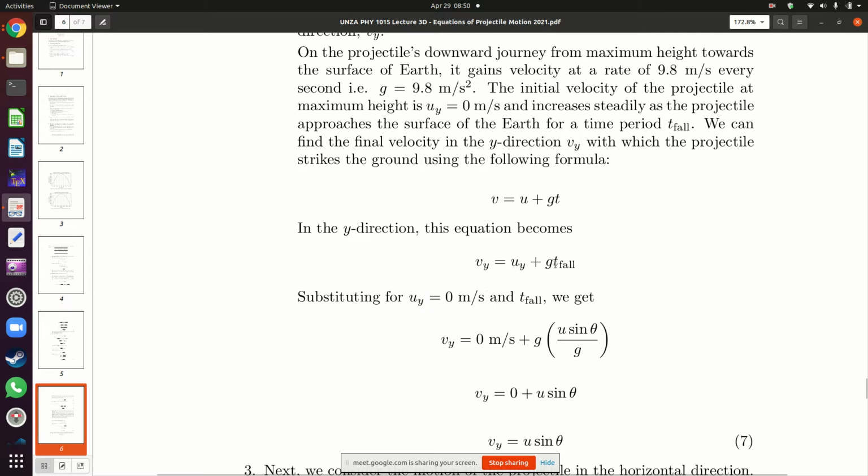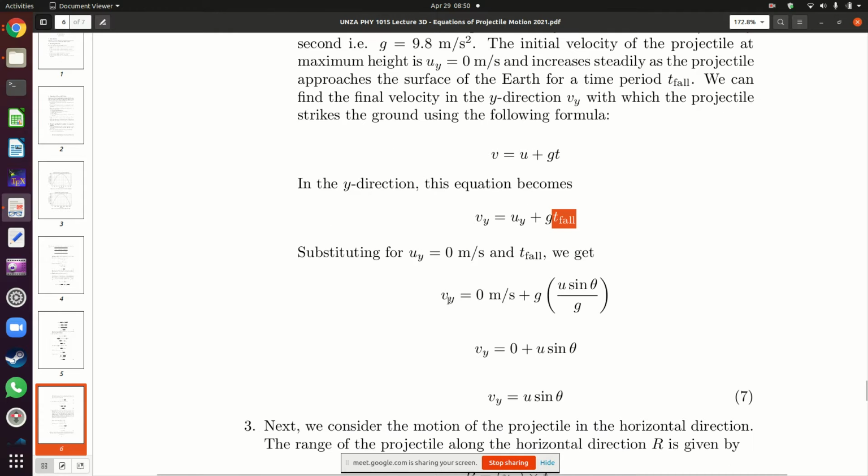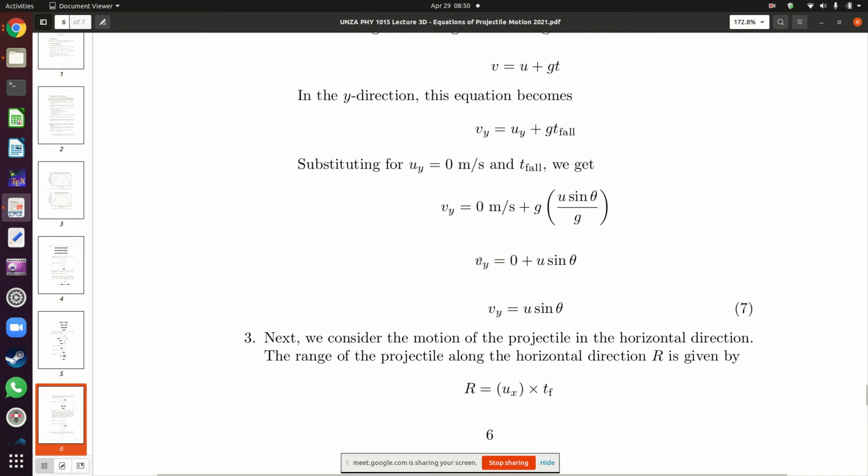And we have an expression for t4. So when you make substitutions, you end up having Vy is equals to 0 meters per second plus g multiplied by u sin theta divided by g. Now here we've got a g on top and a g at the bottom, so these two g's cancel out. You end up with Vy is equals to 0 plus u sin theta, which gives you Vy is equals to u sin theta.